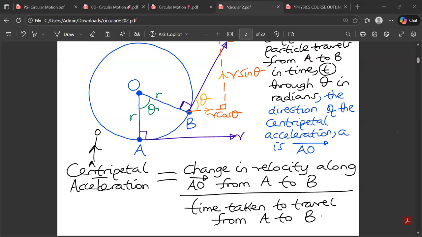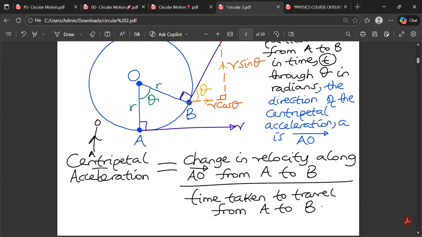Okay, now, someone tell me, the vertical component of velocity at point B is v sine theta. What of the vertical component at A? You write it in the chat. We are deriving. When we get the formula, we are going to just enjoy. What is the vertical component of velocity at point A?